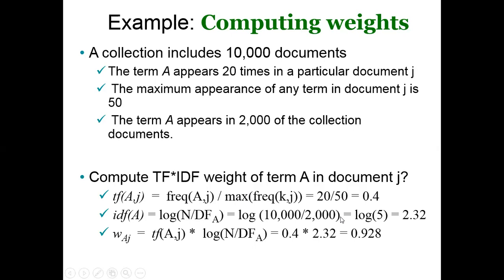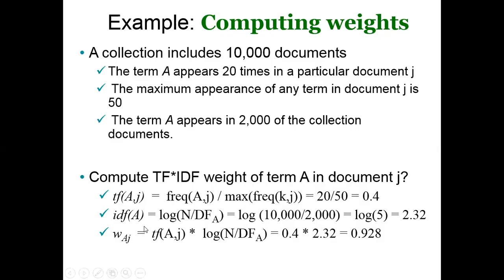So relative to the whole distribution of terms in that document J, term frequency of A is 0.4. That means the importance of term A in document J is 0.4.